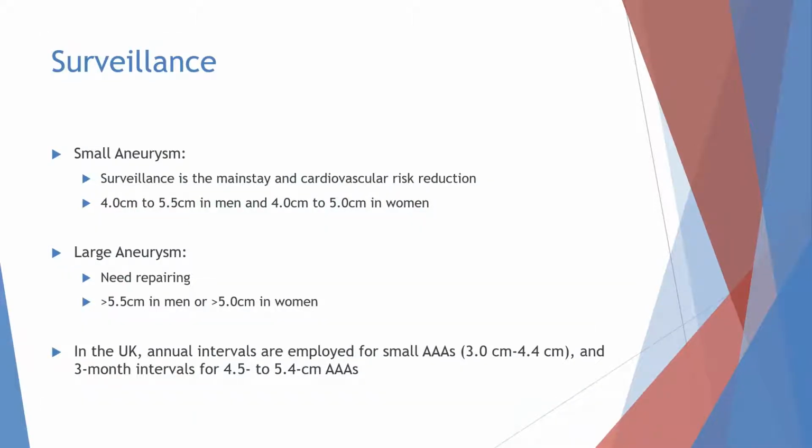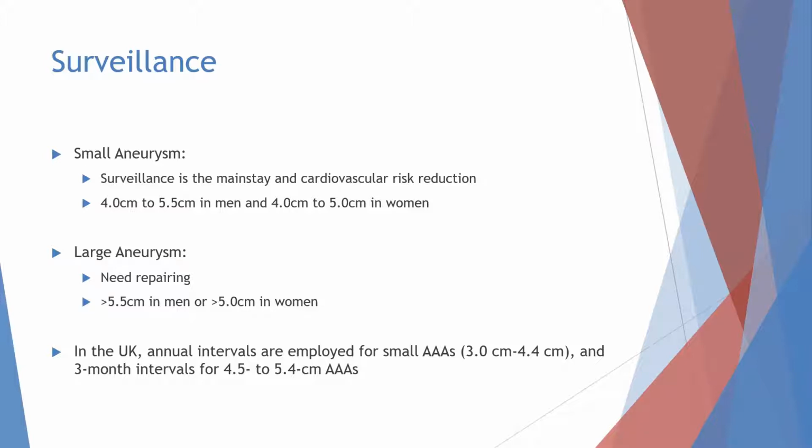The size of an aneurysm that's been found essentially determines how regularly you're followed up or whether you need any intervention or not. The threshold for operating is 5.5 centimeters. If you're found to have an aneurysm that is less than 5.5 centimeters, then you'll be invited back to follow up.